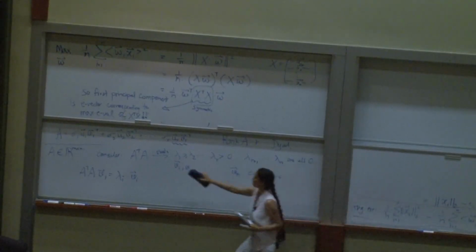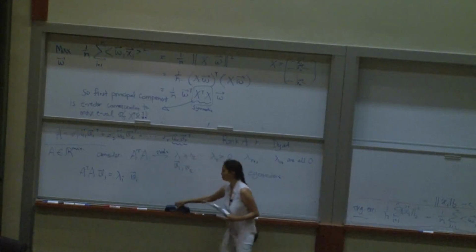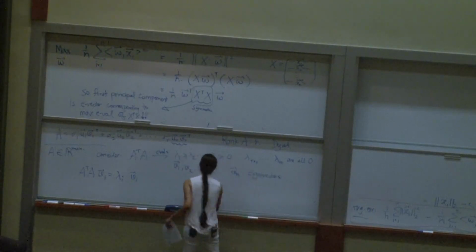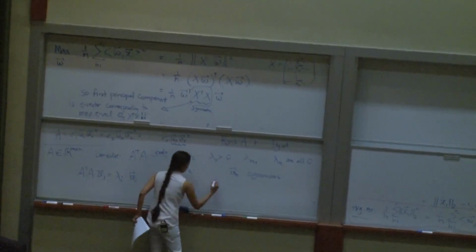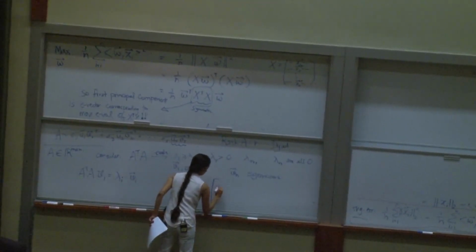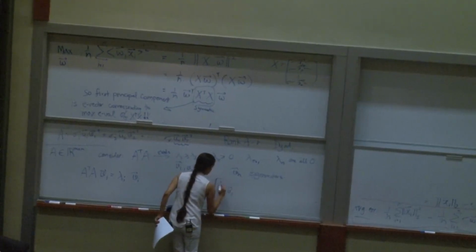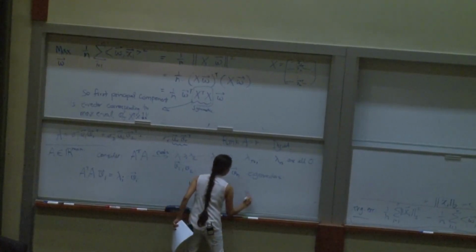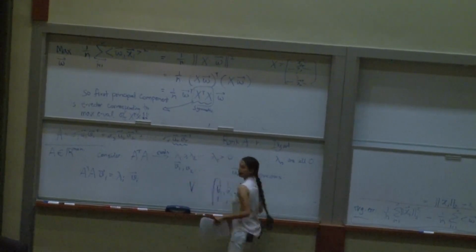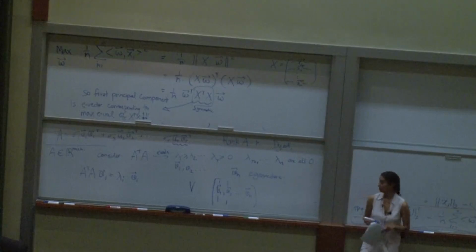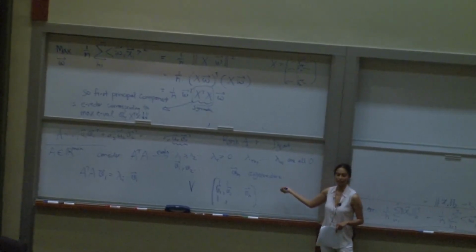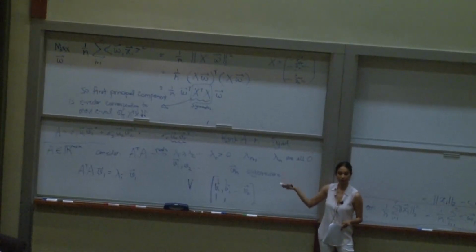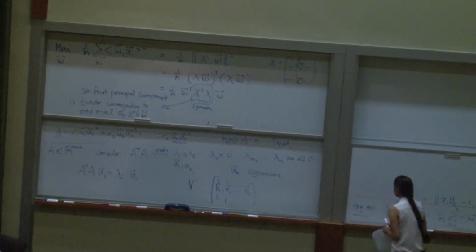So I have this A transpose times A, and if I make these v's into a matrix V, which is v1, v2, all the way up to vn, this is a very useful matrix. Because what happens when I multiply A transpose A times this? Stuff starts going to 0. This AV is going to end up being very useful for us.